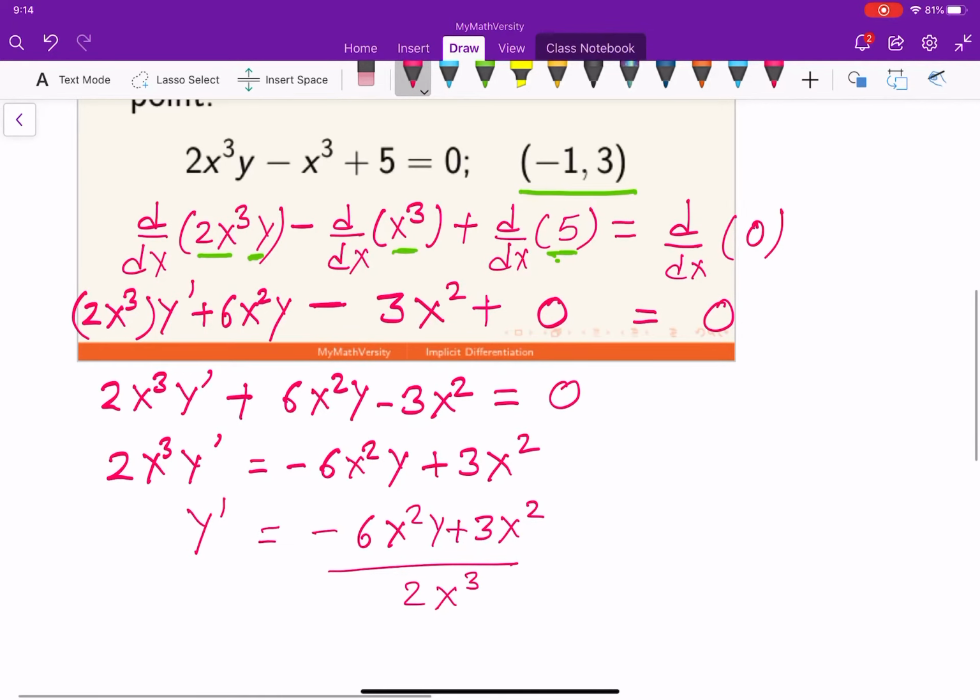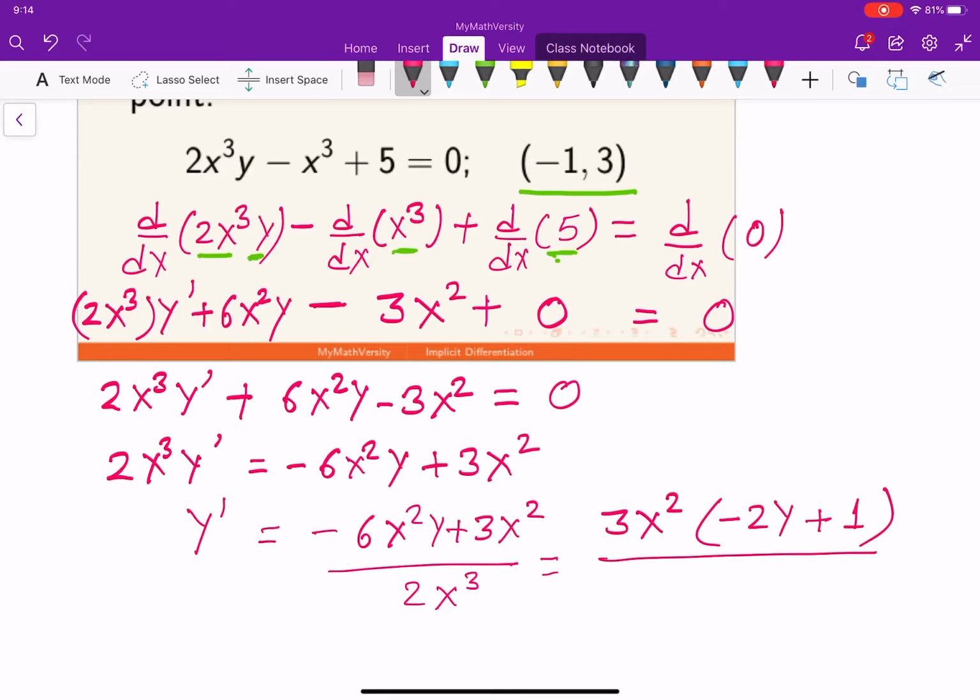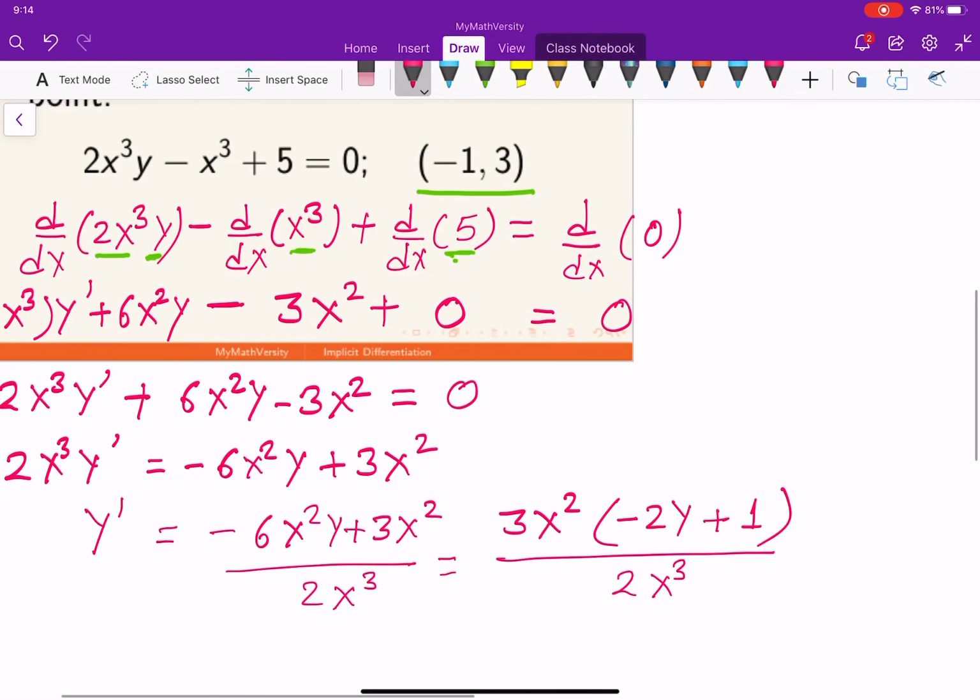But we can simplify this further. What can we take out as a common factor at the top? We can take 3x squared out as a common factor. When we do that, negative 2y is the remainder on the first term, 1 is the remainder on the second term, and underneath we have 2x cubed.